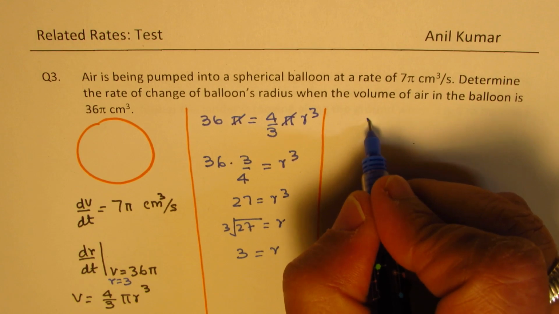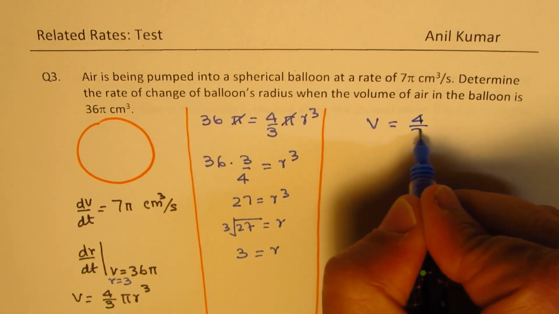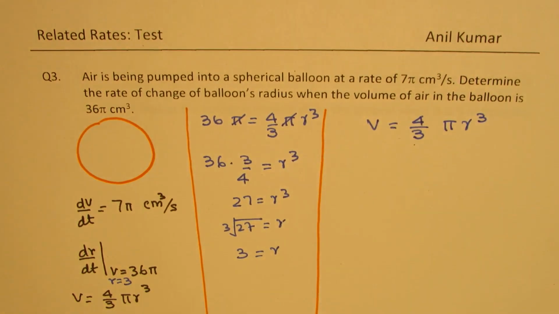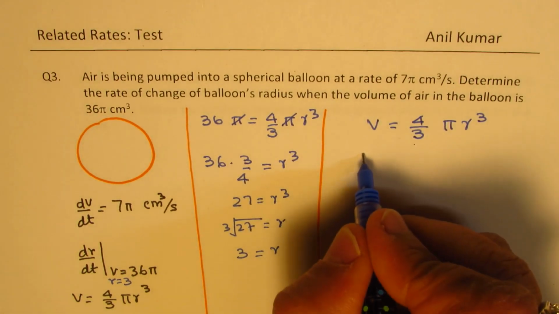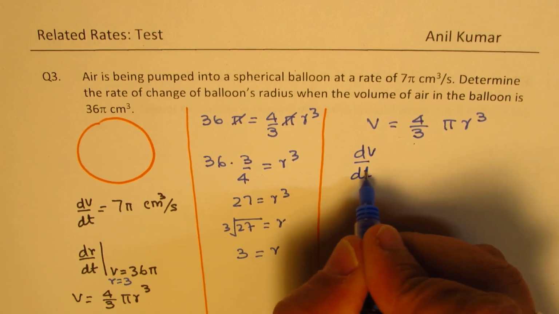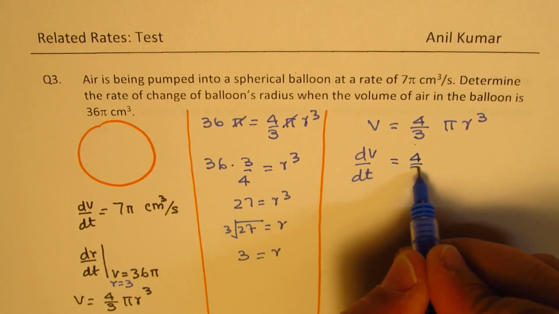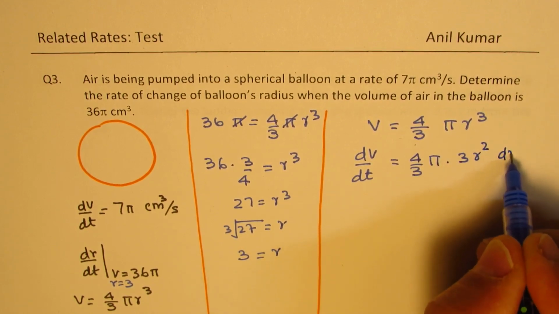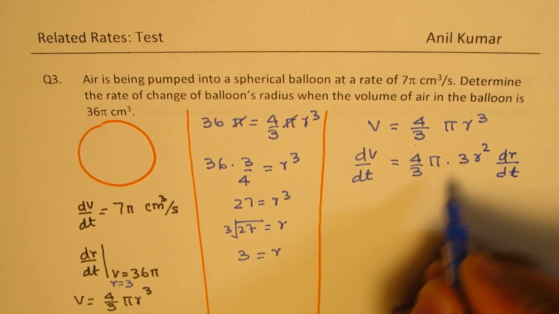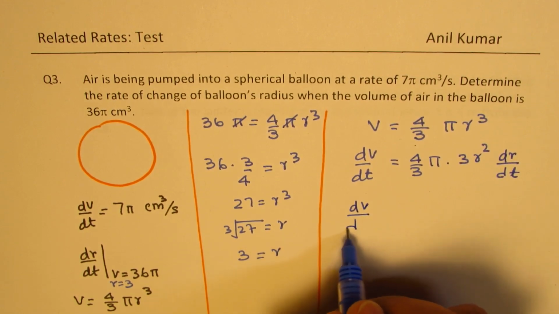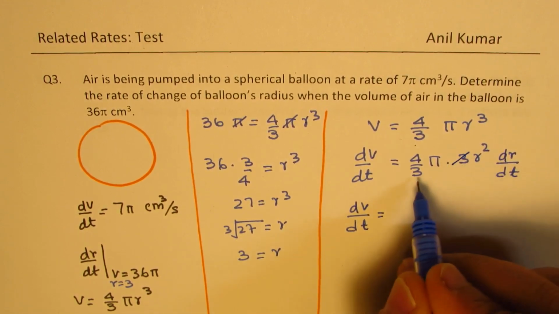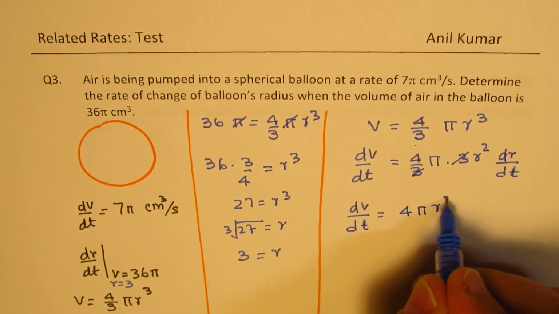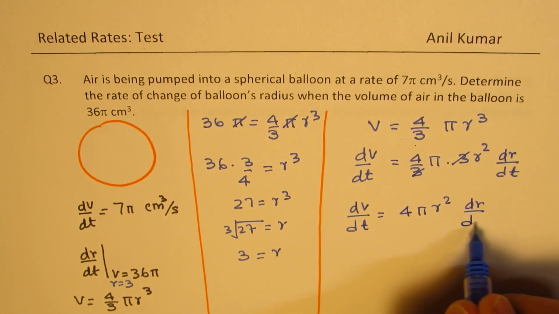So once again we have volume as 4 by 3 pi r cube. Let's find the rate of change of volume with time. So we have dv dt equal to 4 by 3 pi times 3 r square dr dt. Simplifying, we get dv dt as equal to, 3 and 3 cancel, and we have 4 pi r square dr dt.